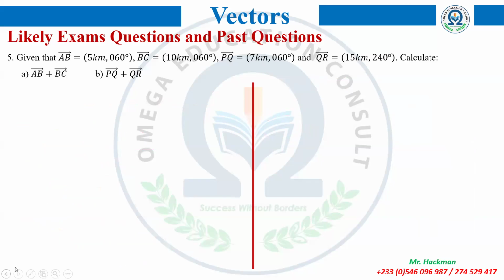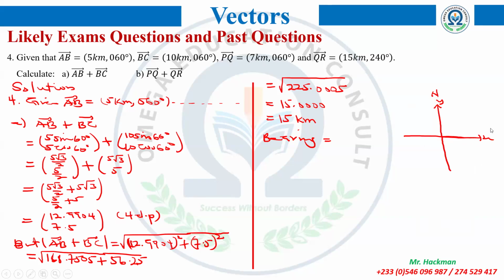Forgive me, my pen is not reacting. So the distance here is 12 point what? 12.9904, you indicate. And you move a distance of 7.5 in the positive direction of y. So you go up, and this distance will be 7.5.